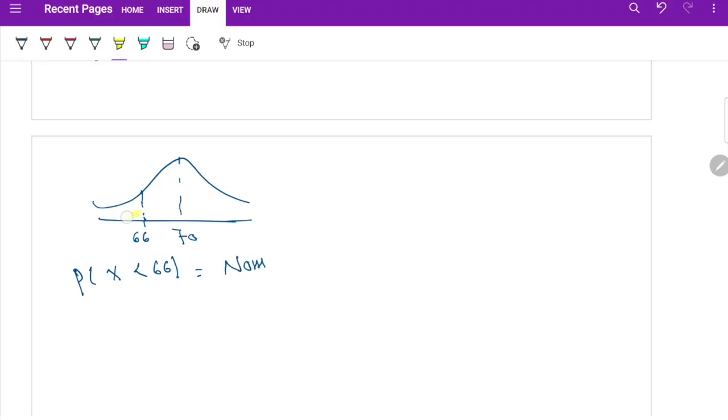We're looking at this area, remember. The whole area is 100%. Norm.dist: x is 66, mean is 70, standard deviation is 10, comma true. What we get? Let me change this. I got almost 34%. So this area is about 0.34.